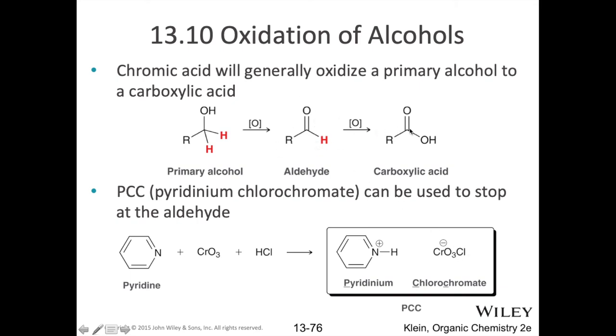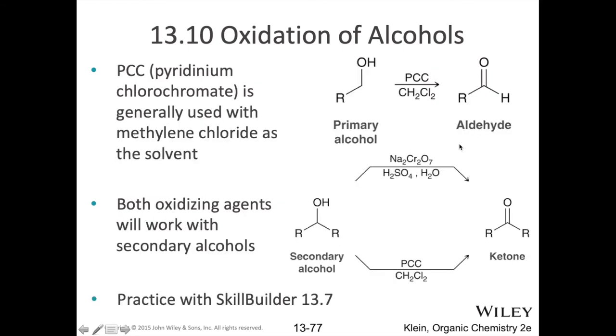It does not continue on to the carboxylic acid. If you see methylene chloride listed, please note that it is a common solvent used for this reaction. It is not a reactant per se; it's just a solvent here.